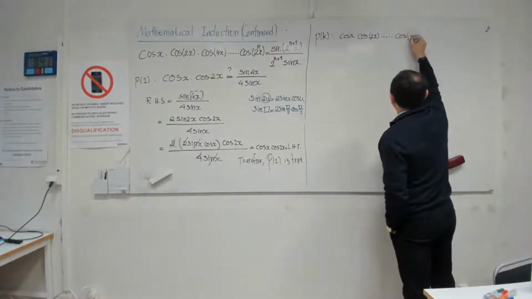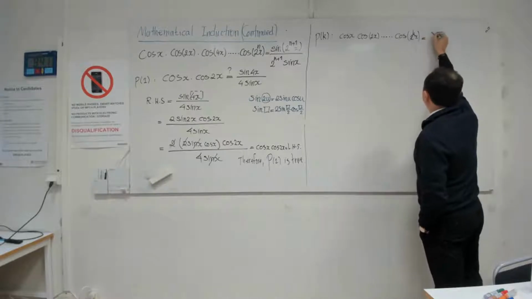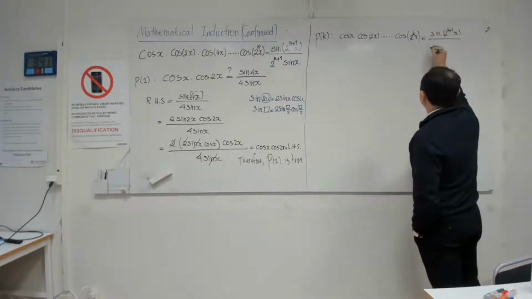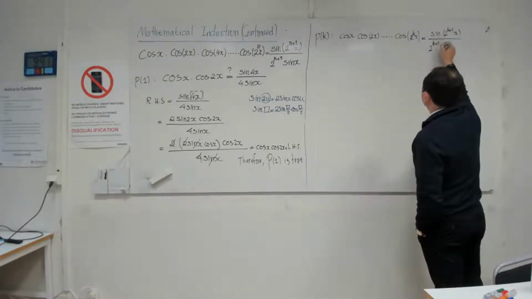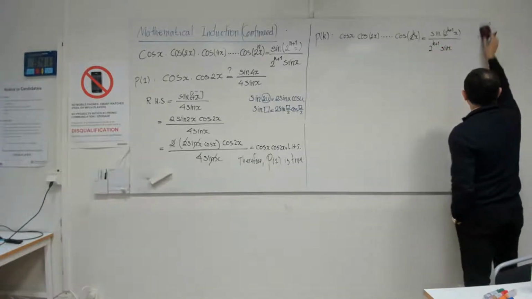So cosine x cosine 2x up to cosine 2 to power k minus 1 x is equal to sine 2 to power k x divided by 2 to power k times sine x. So this is assumed to be true, yes?